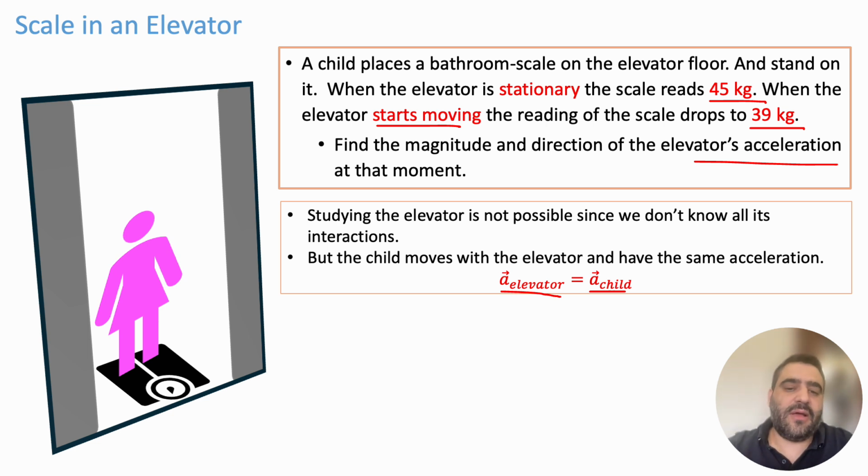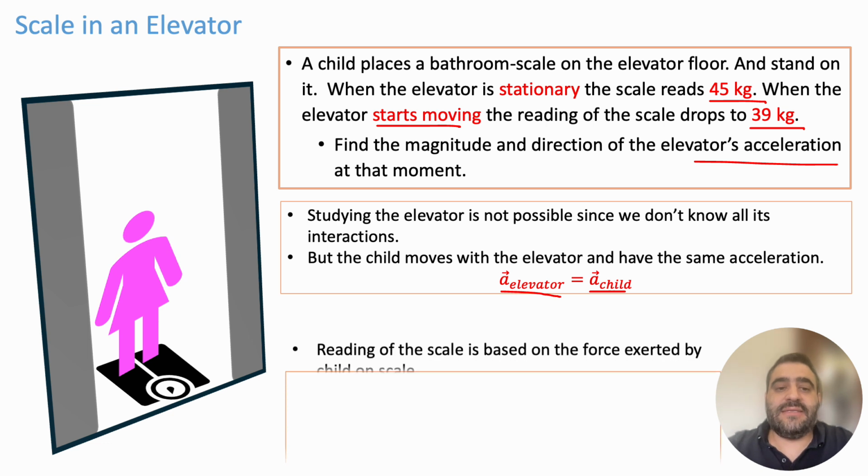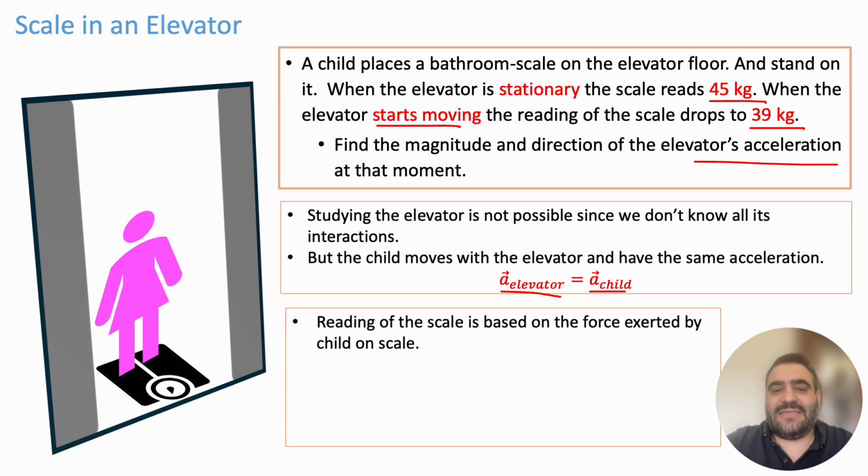Also, before we start applying Newton's law, we need to understand the reading of the scale. Where do these numbers come from and what do they mean for us? The scale doesn't measure mass directly. It measures it through the force exerted by the child on the scale. So when we stand on the scale, we push down on the scale.